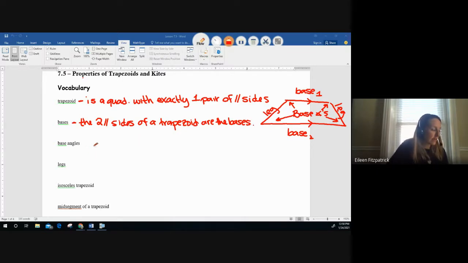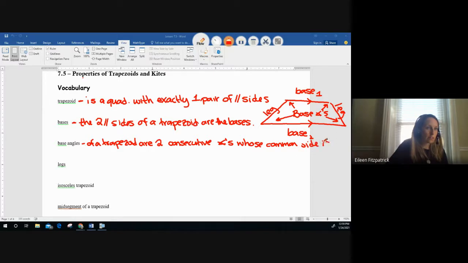All right, the base angles of a trapezoid are two consecutive angles whose common side is a base. So consecutive angles whose common side is a base. So again, this is a pair of base angles, and then the bottom ones are a pair of base angles.